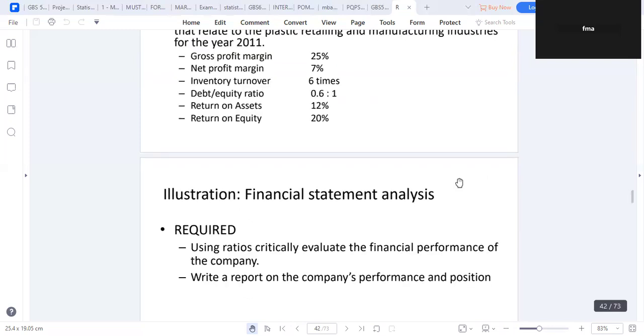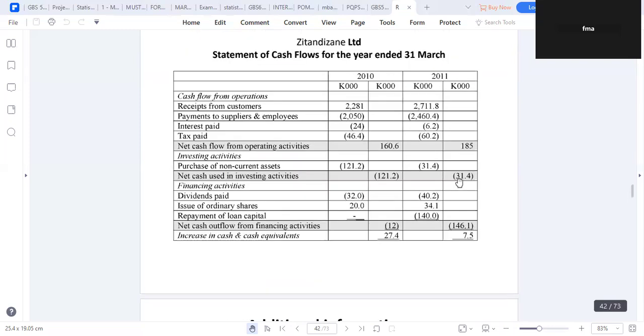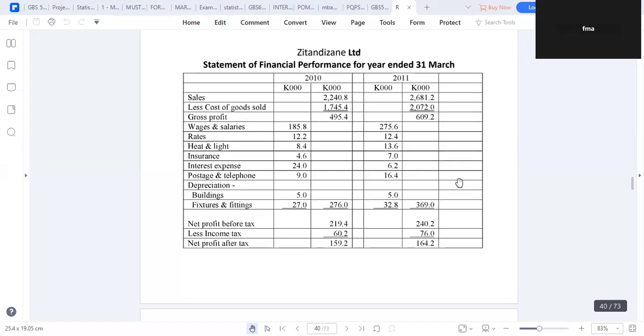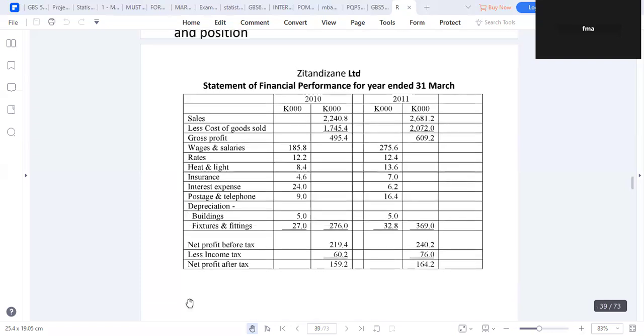All right, these are the two important statements that we must have in mind. We have the financial statements here. This is our income statement in short. Then we also have our balance sheet, which is here.